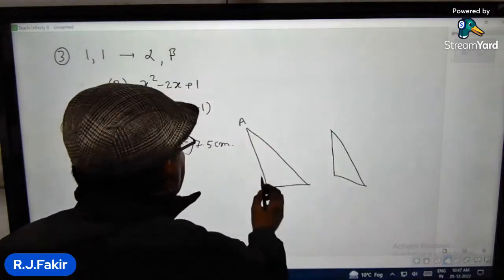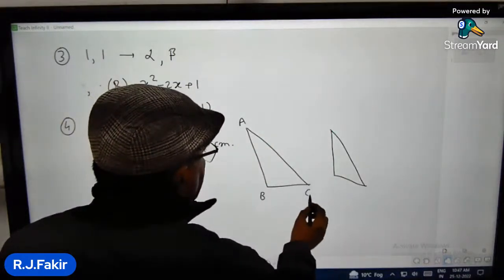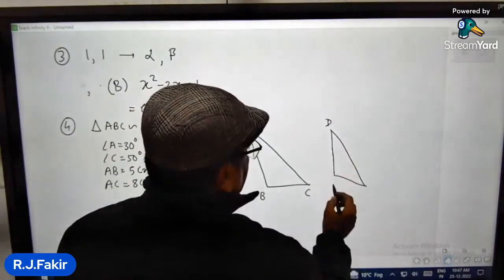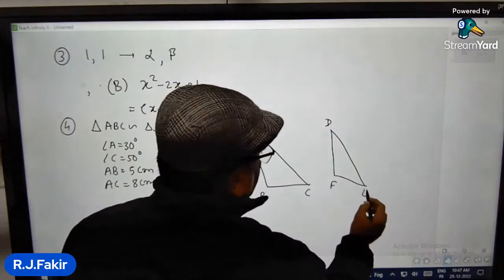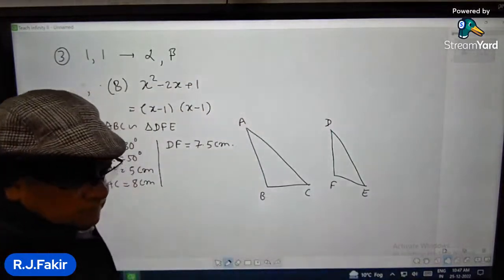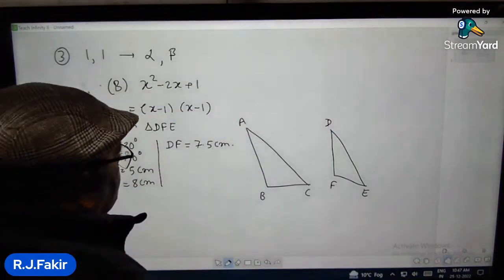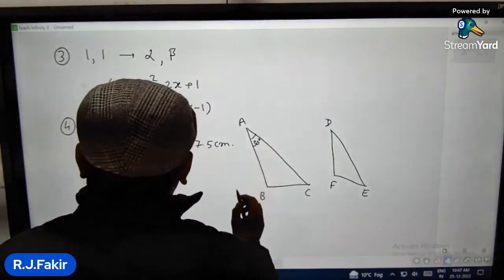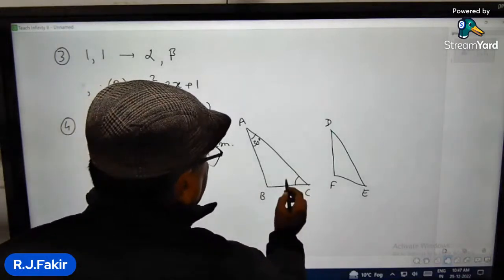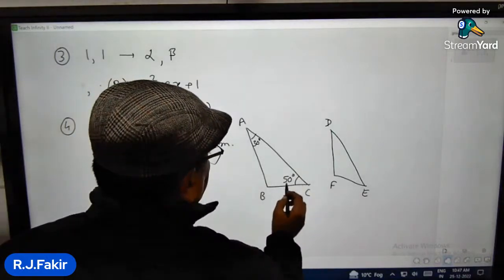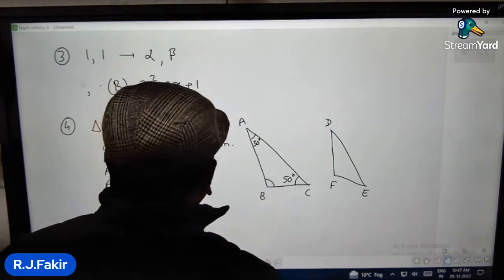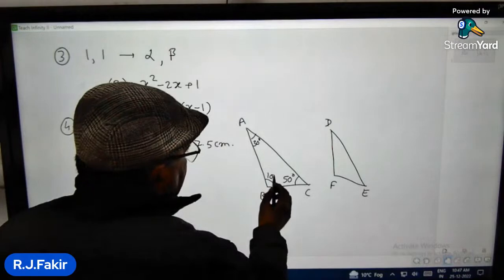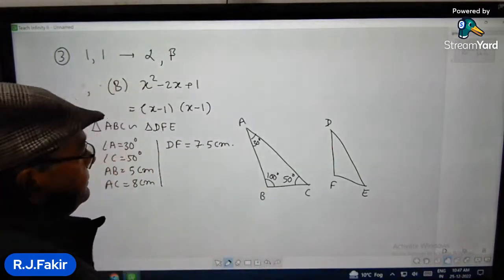Let us say this is A, B, C. This is D, F, and E. Now angle A 30°, angle C 50°. You can easily calculate this angle. This will be 100°.